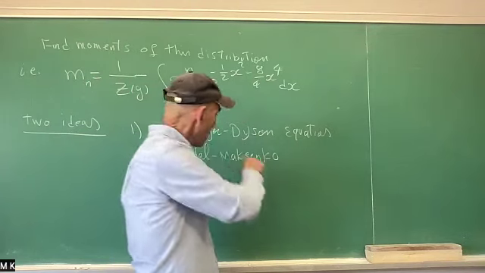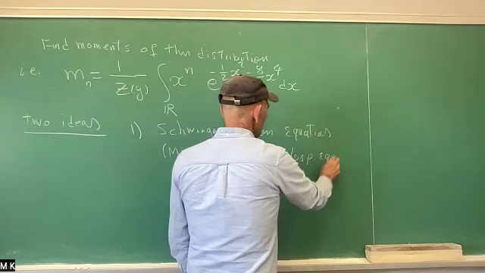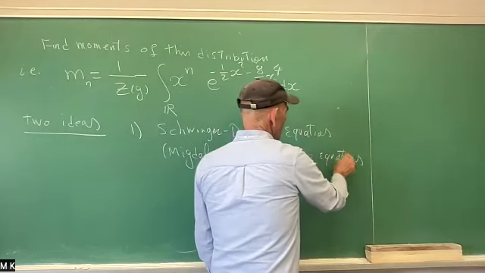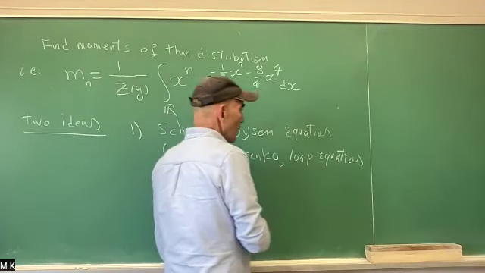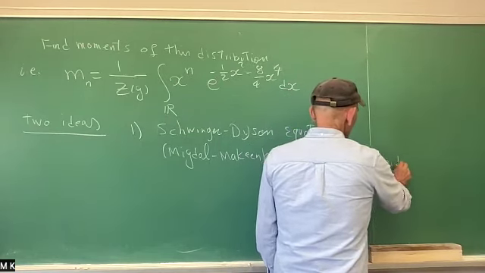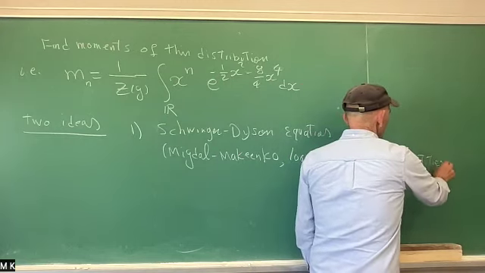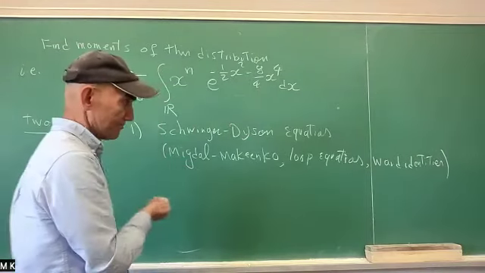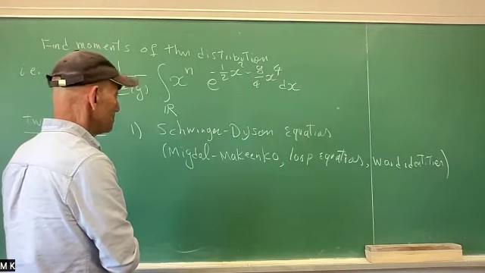The equations also come under the name of loop equations, and sometimes they are called Ward identities in physics. So there are many, many names. I want you to know that they are essentially the same idea that I'm going to introduce in this very simple context.